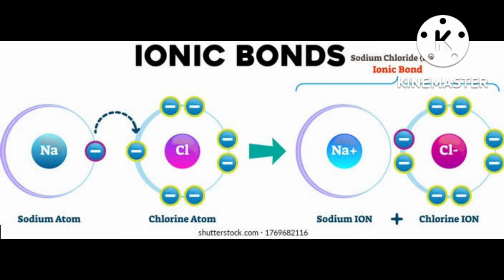Most ionic compounds have cations derived from metallic elements and anions from non-metallic elements. The ammonium ion, for example NH4 plus, is made up of two non-metallic elements.